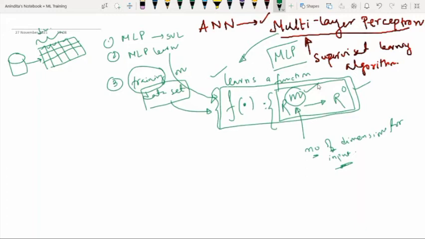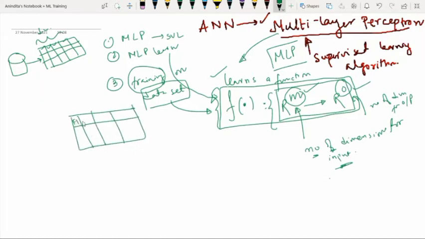Now let's talk about this O part. What is this O? O is the number of dimensions for output. Now see, in a data set, say we have F1, F2, F3, these are the inputs.